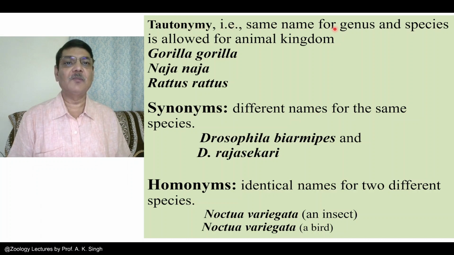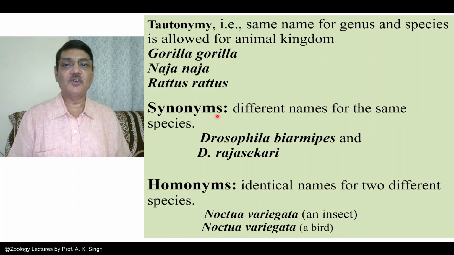Tautonymy, that is the same name for genus and species, is allowed for the animal kingdom. That is, if you have to name an animal, you can give the same name to the genus as well as species. But this kind of pattern of nomenclature is not allowed for botanists. Those who work in the area of plant biology don't use tautonymy.